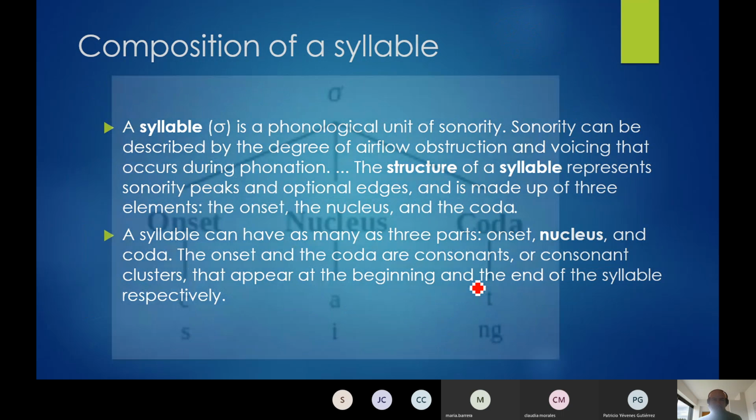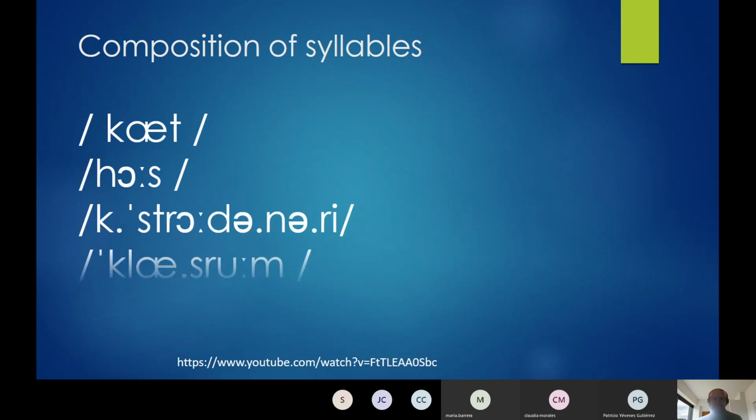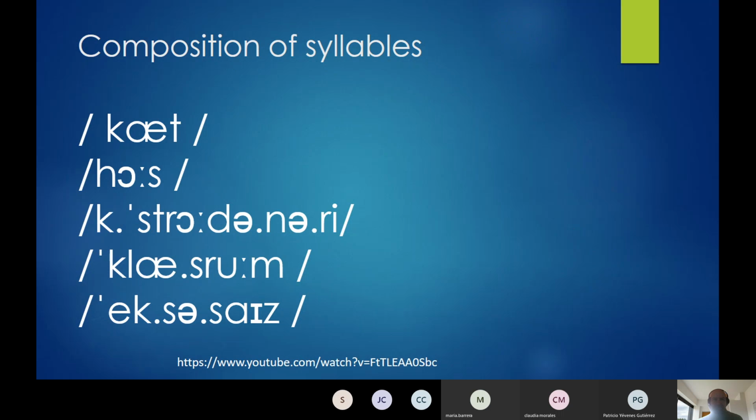So that's in terms of what a syllable is, how a syllable is composed. I think we covered this section, the composition of a syllable, right? We talked about, sorry, again, it's missing here. Nucleus, onset, and coda. That's the composition of a syllable.